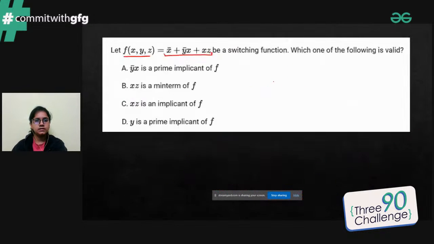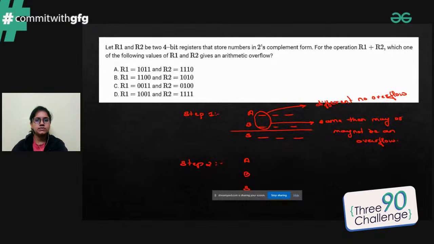Can you see all here? If in step 1 itself they are different, then no overflow. We don't have to go for step 2, because it is no overflow.